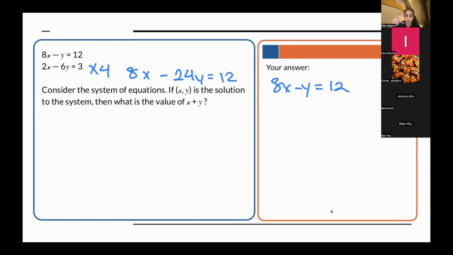Make sure you multiply it across the board. If you want to be even smarter, we can multiply it by negative 4. So we get negative 8x plus 24y equals negative 12, just so that it's easy to see.